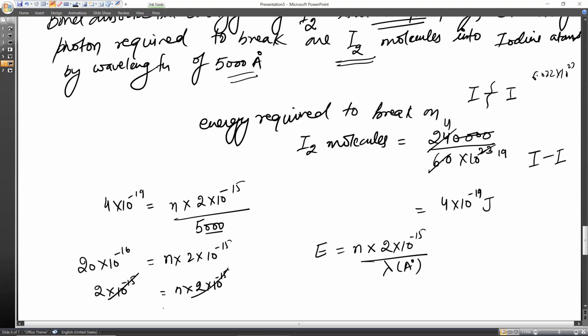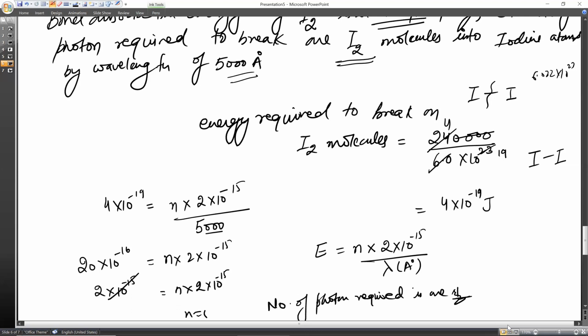So you get n is equal to 1. The number of photons required is only 1.